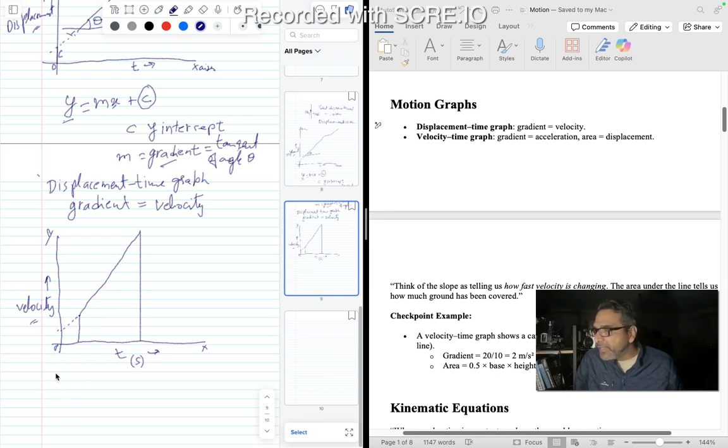One is the gradient. Gradient equals the acceleration of that motion.